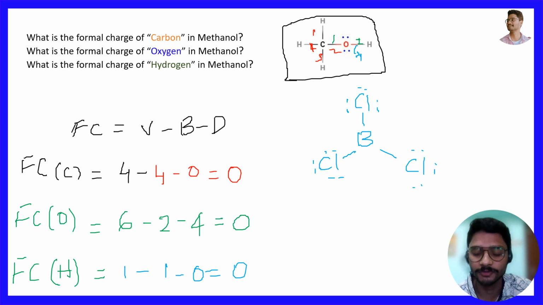There are 3 chlorine atoms, and you have to find out the formal charge on all 3 chlorine atoms. The hint that I am giving you to solve this example is that all 3 chlorine atoms are equivalent. You can now use the concept that we have just used in solving the SO4 2 minus ion, and then you can easily solve this question.